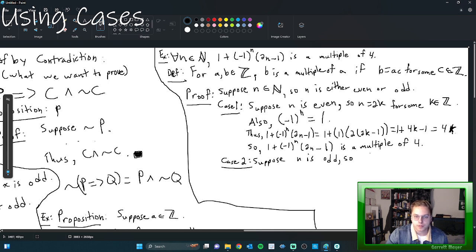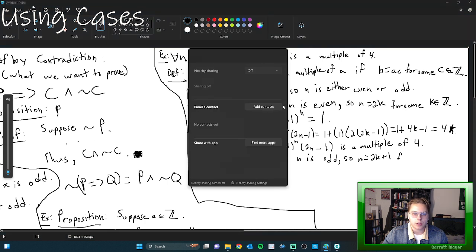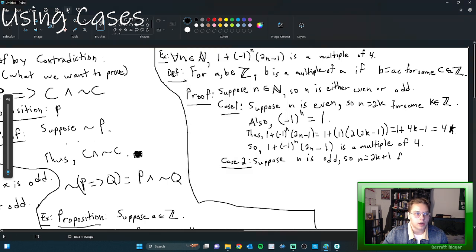So n equals 2k plus 1 for some, actually I'll use a different letter. So n is 2a plus 1 for some a in the set of all integers.